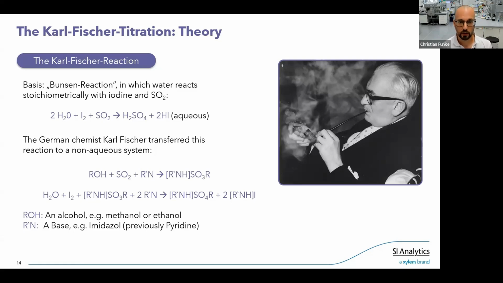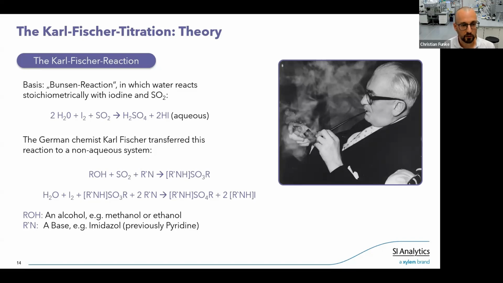And the German chemist Karl Fischer then tried to transfer this into a non-aqueous system just to be able to titrate the water content. And he took an alcohol, mainly methanol or ethanol, added SO2 and a base, in former times pyridine. Nowadays, it's mainly imidazole or an imidazole derivative.